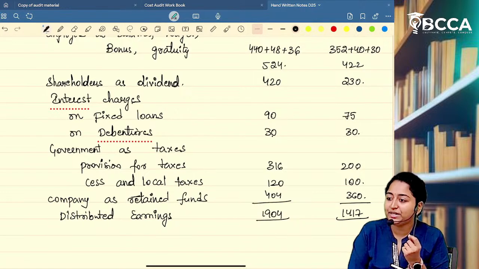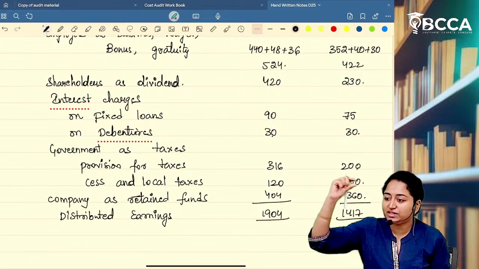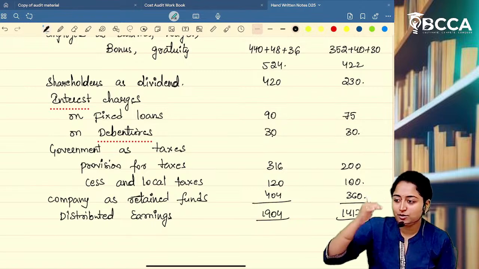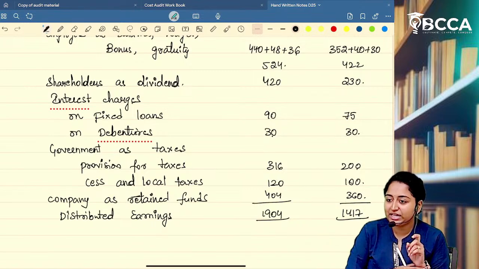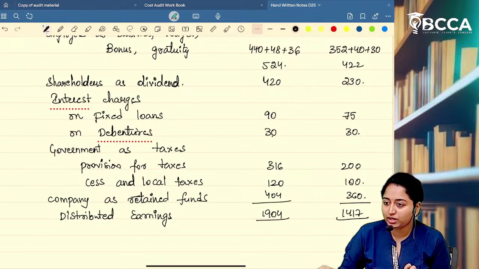Now for the company's retained funds, you will write the working note. What you will do, you will first write earnings available for distribution less whatever you have calculated so far, and then you will get the company's retained funds. For this you have to write the working note.